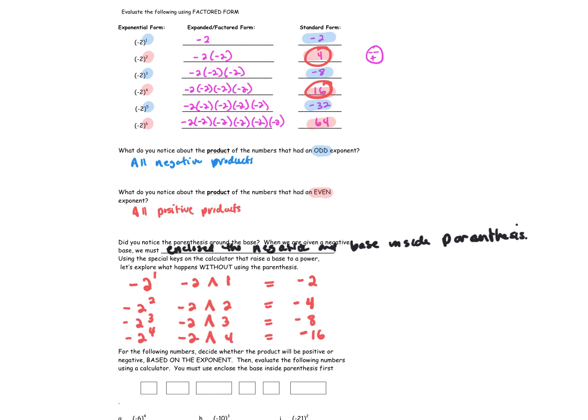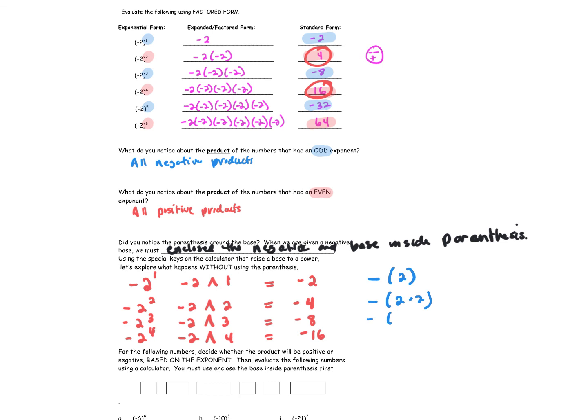And this is correct. All of what we did up here is correct. So what happens if you don't use the parentheses, your calculator sees that negative sign as being separate from the number itself. So it will put that outside and do this. It's as if you're taking this on each one of these.